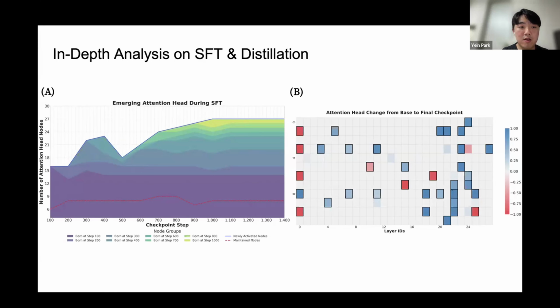Then we count the newly activated attention heads, and this cohort plot shows that SFT is actually stacking all the attention heads starting from the first checkpoint, which is checkpoint 100. And then the mapping of these attention heads, like the heat map on the right, shows that the SFT heads are usually focused on mid to late layers.